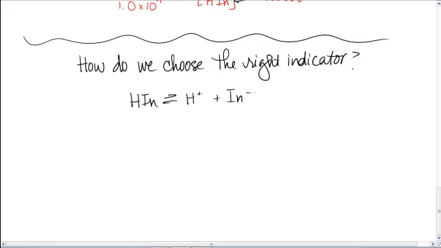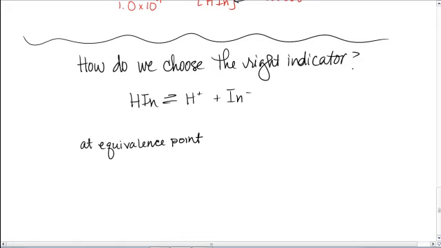When you hit the equivalence point of our titration, we would like to have the HIn and the In minus concentrations be the same, like purple.